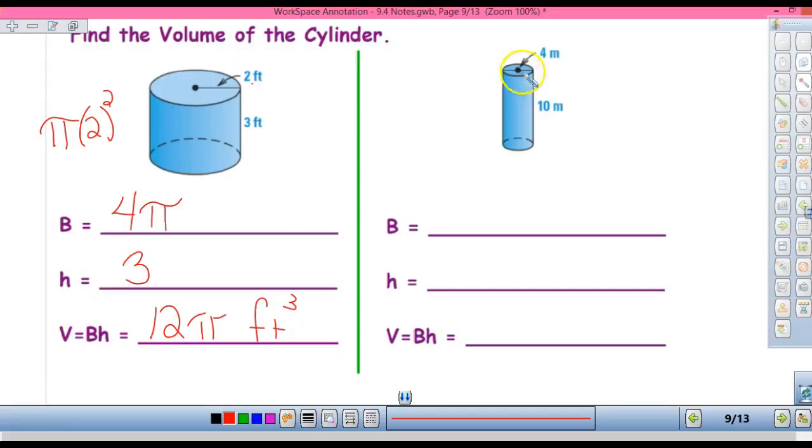We got to be careful because this is giving me my diameter, which is 4, which tells me my radius is 2. So pi r squared. So again, we've got 4 pi for the area of my base. This time my height is 10. So we multiply those together. We get 40 pi meters cubed.